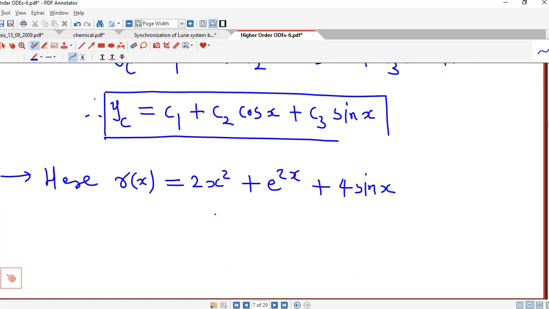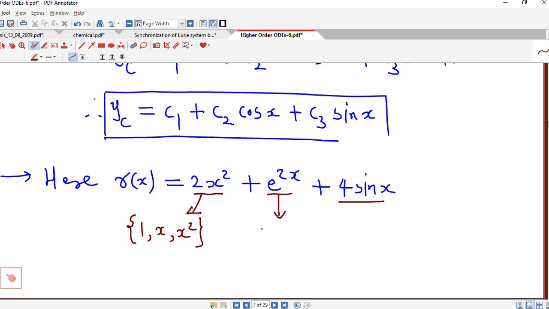So now first we have to find the family of derivatives corresponding to this right hand side. For that we first write the family of derivatives corresponding to each function, and then we take their union. The family of derivatives corresponding to 2x square is 1, x, x square.